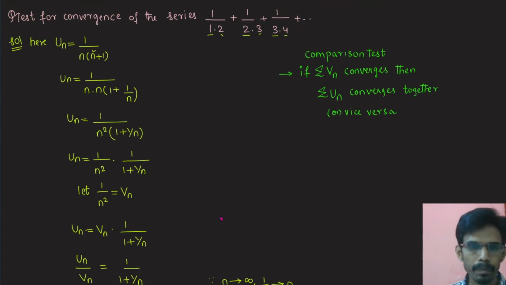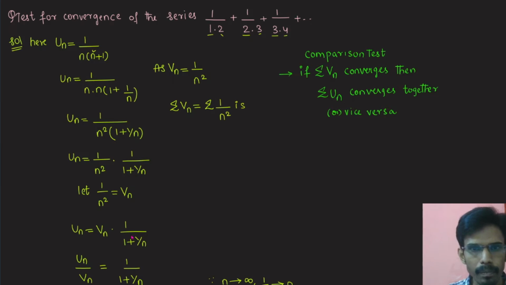Then we say we got a finite number by comparison test as this Vn. What is Vn? Vn is taken as 1 by n square. Right. Now this sigma Vn series, sigma Vn value is 1 by n square.